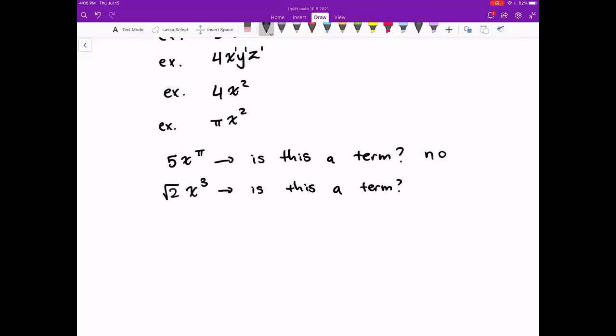I mean, actually, no, sorry. Yeah, it is a term. When we recall our definition, our only restrictions are that the coefficient has to be a real number, which the square root of 2 is irrational, but it's still a real number. And we can see that the exponent is also a whole number, so that's correct. So this is indeed a term.